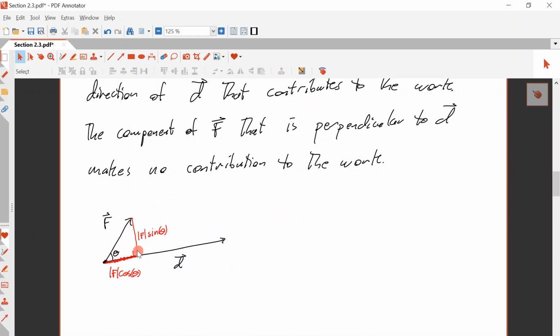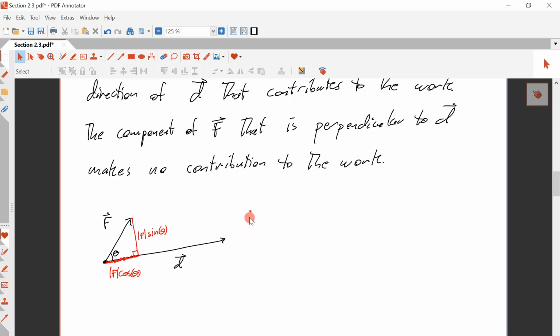So there's a part of F that's perpendicular to D, and then there's a part of F that's parallel to D. And the sum of those two parts is F itself, the parallel and the perpendicular part. That's the third side of the triangle of this vector segment and that vector segment. So F is just the sum of these two, F cosine theta, F sine theta, that is the vector F itself. But it's only this part that's parallel to D that contributes to the work.